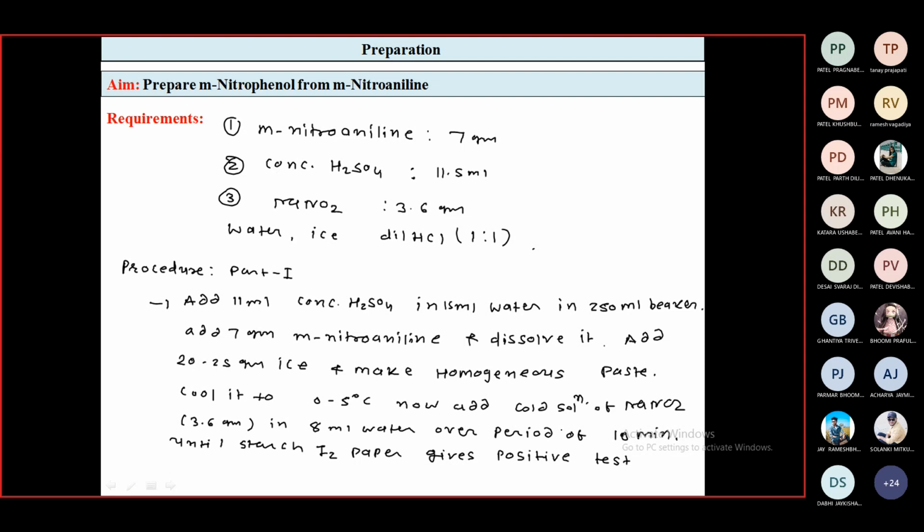See, keep temperature below 5 degrees. Allow to stand for 5 minutes. Now this is part 1, that is you have done diazotization.